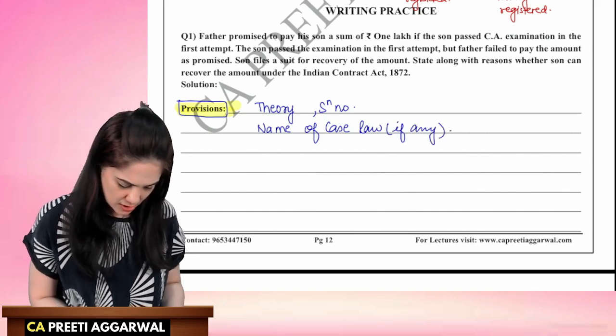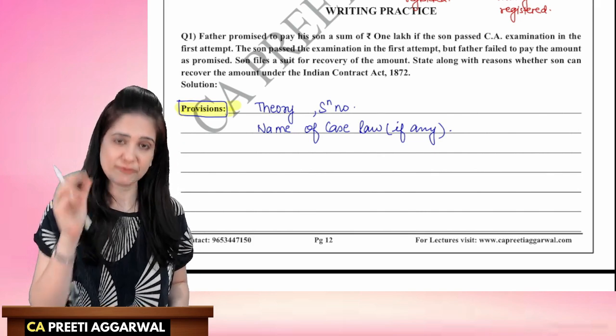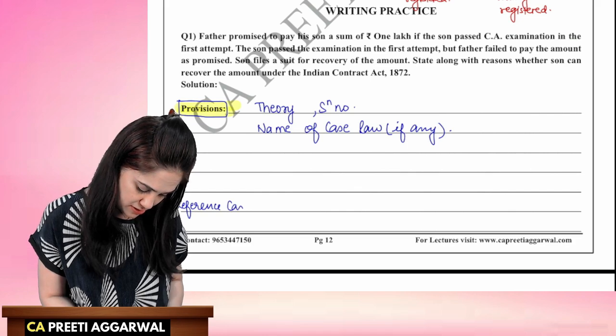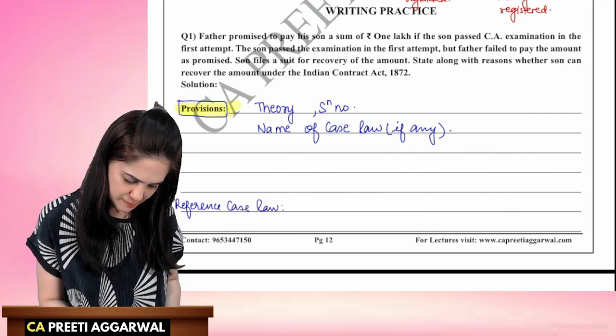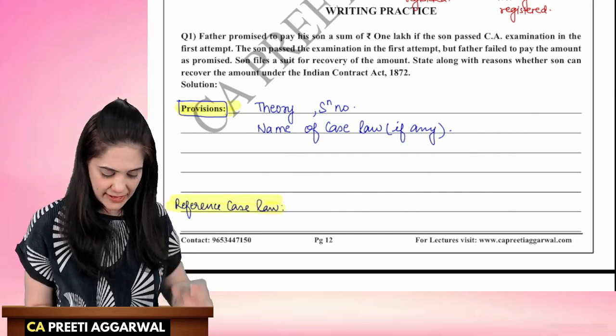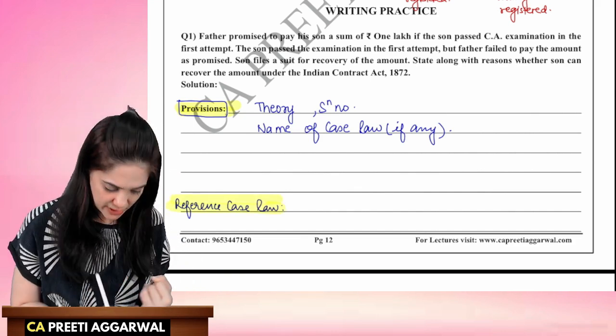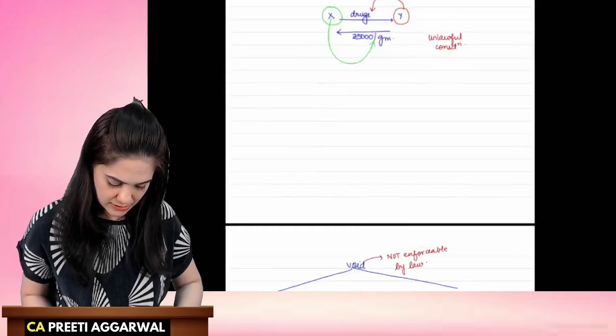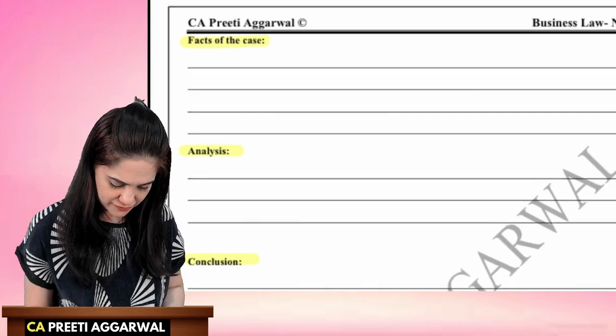Sometimes students wish to prepare another tab for case law, like they will give the heading as reference case law. They will write the name, they will explain. So I leave it up to you. Write the theory, write the section number and name of case law. Leave a line. Then write facts of the case.